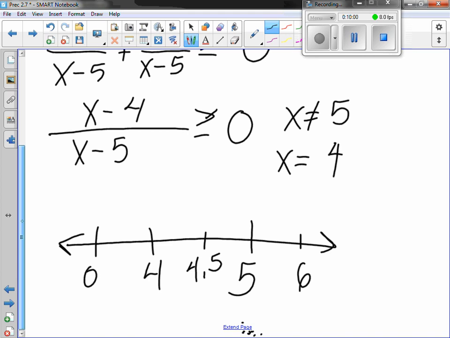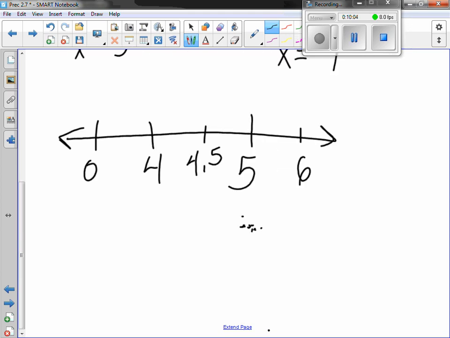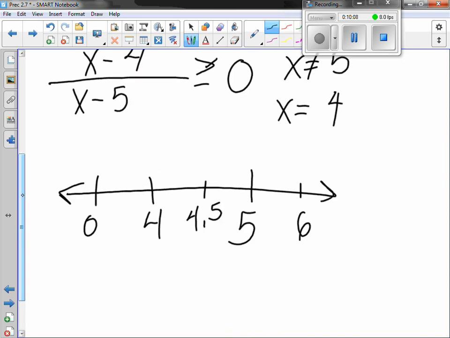So we can check 0 first, because if I check 0, well, that's just 4 over 5. Is that greater than or equal to 0? Yes. This works.